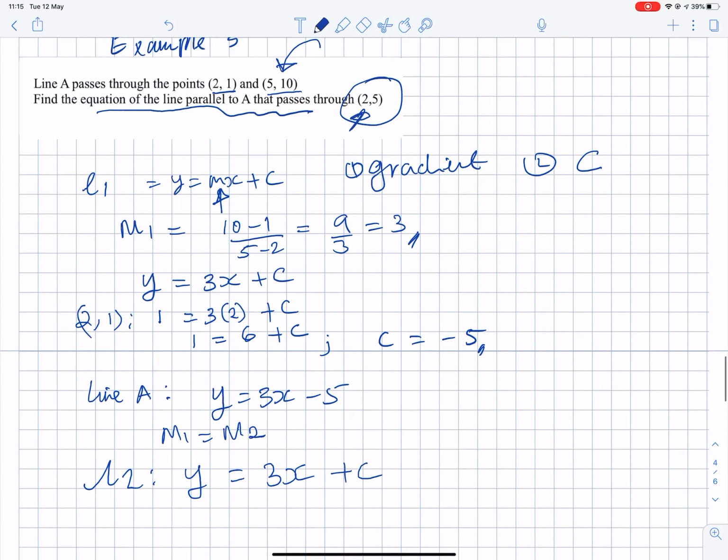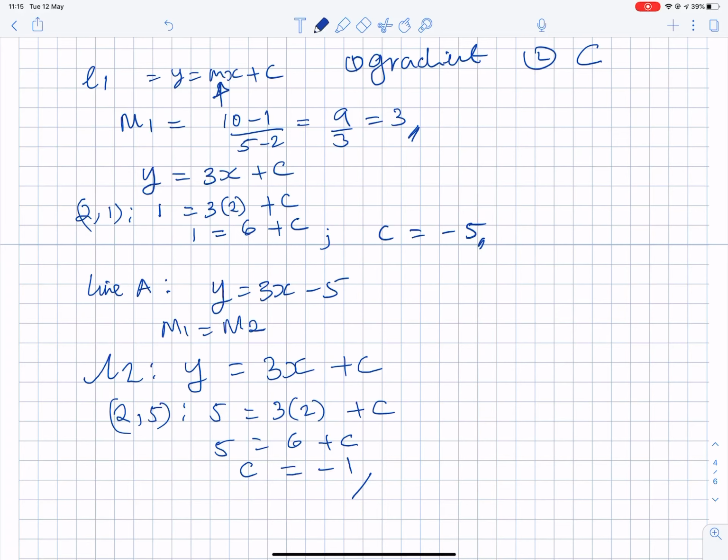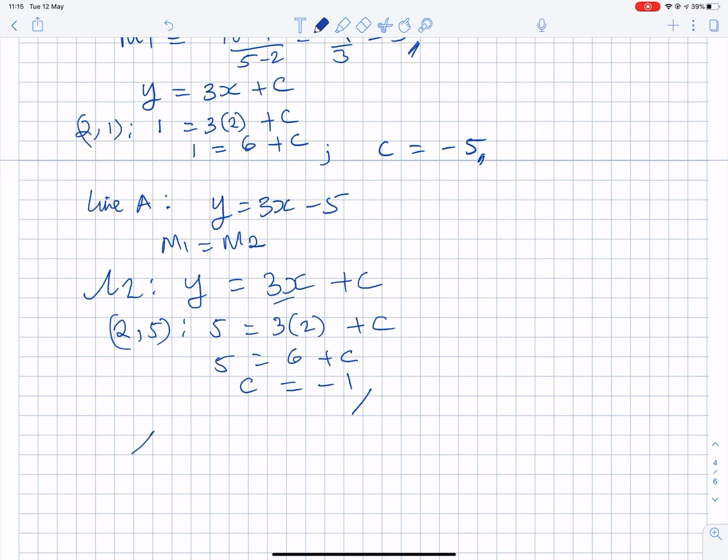So using the coordinate (2, 5), I substitute the values of y and x. Y is 5, so 3 times 2, x is 2, plus c, so 5 equals 6 plus c, and c equals negative 1. So now I have my y-intercept, and I know my gradient is 3. I can write line 2: y equals 3x minus 1.